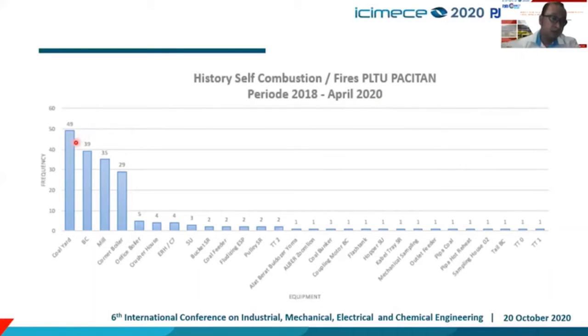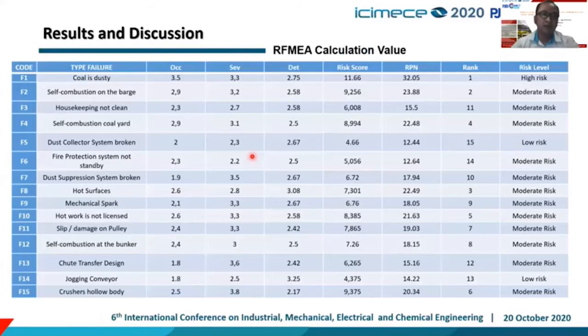We found that the coal yard had the highest occurrence, about 49 accidents, and the belt conveyor about 39, 35 at the mill, and the boiler 29. So based on this history, we made the types of failure, and we found 15 failures.